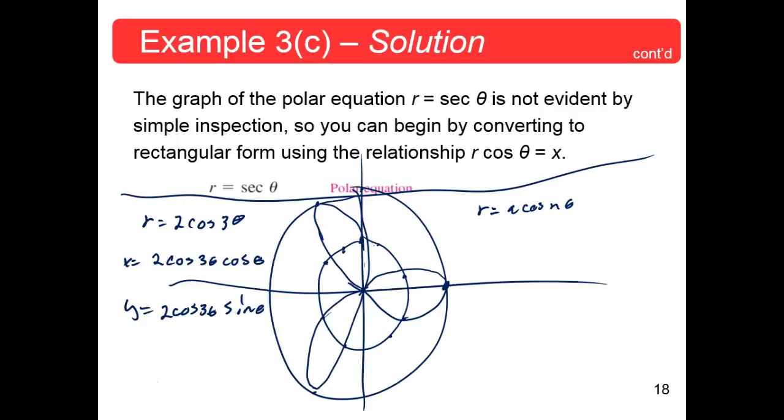Yeah, radius. And this produces 3 petals. So maybe a 4 for N would produce 4 petals, and a 5 for N would do 5 petals, and that's what they are suggesting here. No, sorry, not quite true.